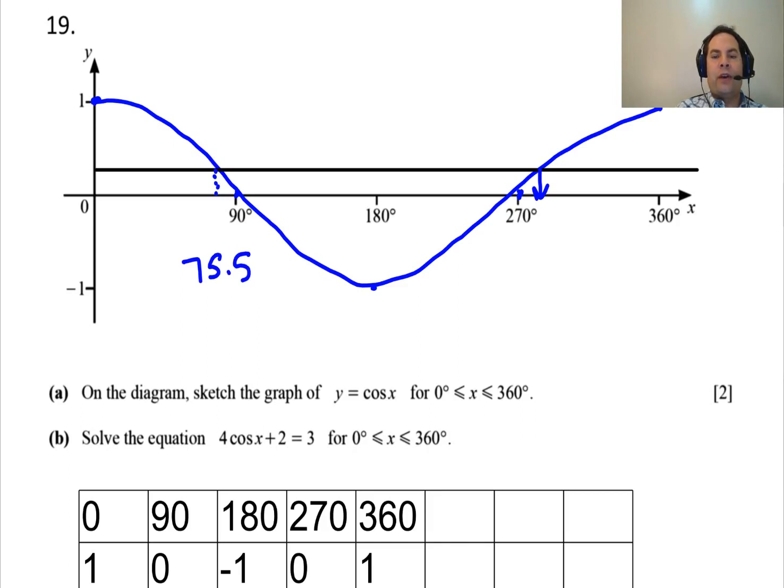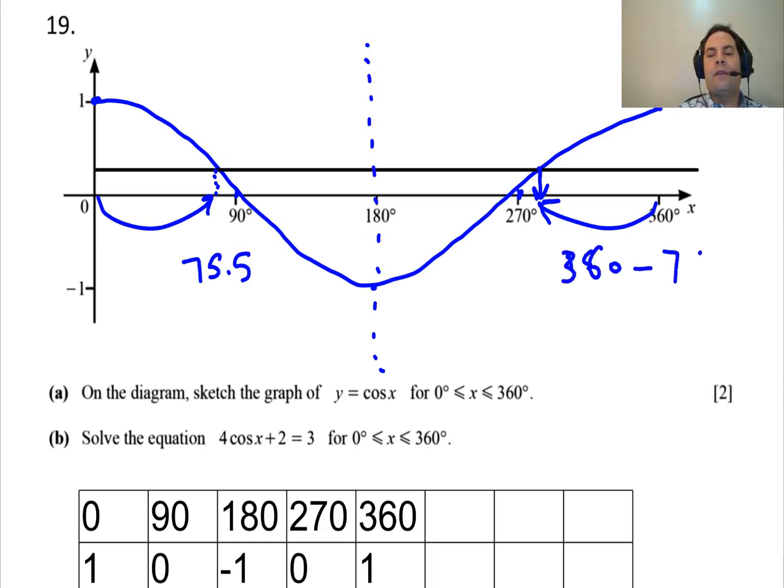By looking at the curve and symmetry. This is the line of symmetry. This value is 360 minus your answer at the beginning, so 360 minus 75.5. You will get the final answer.